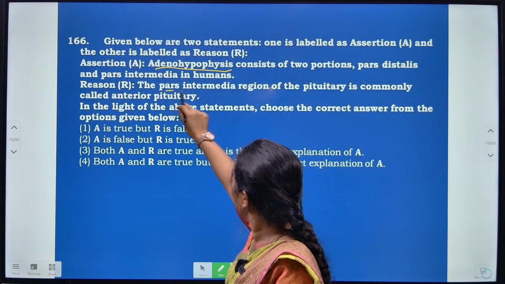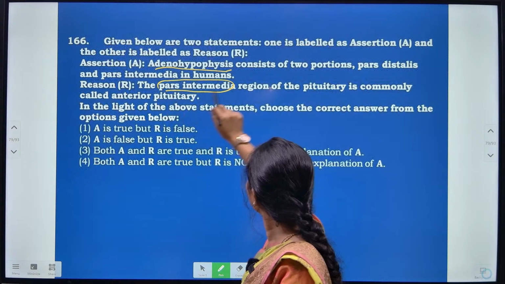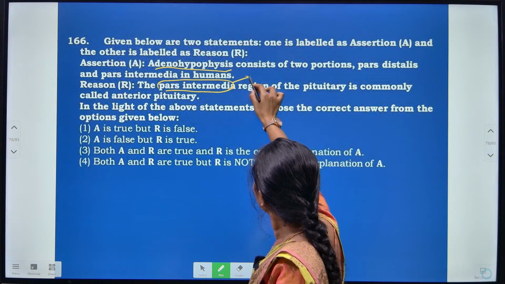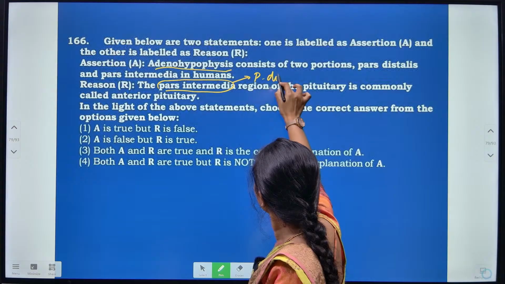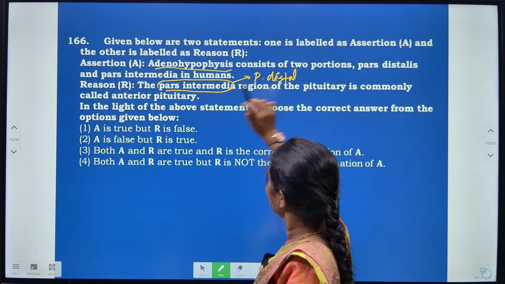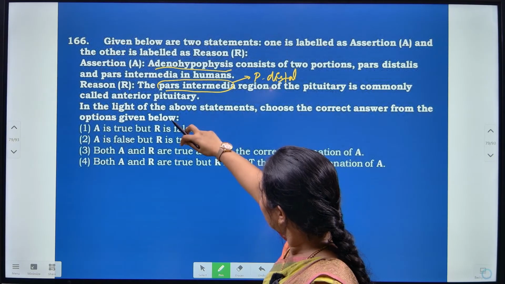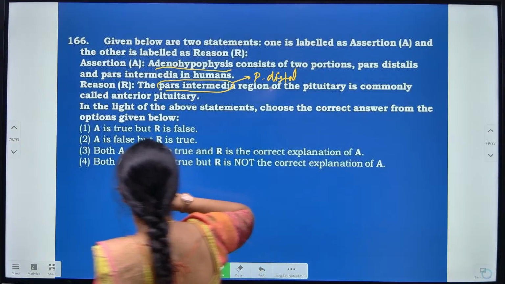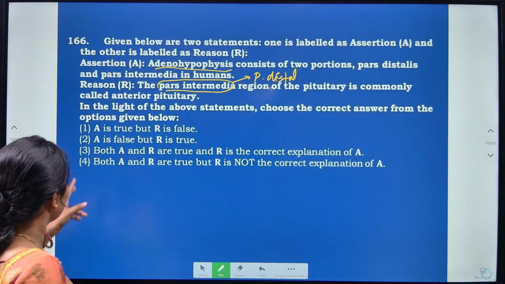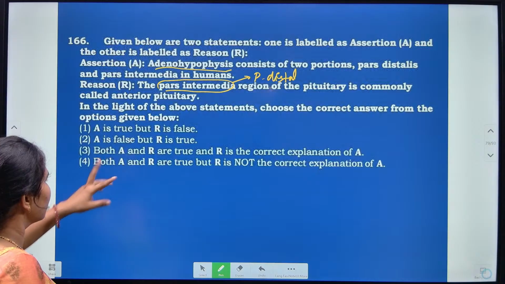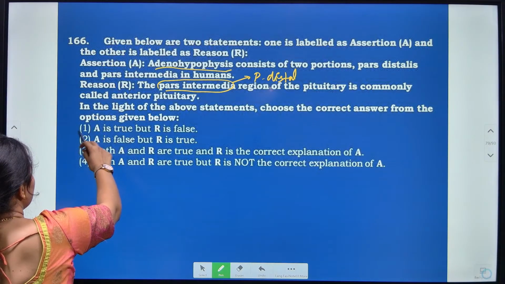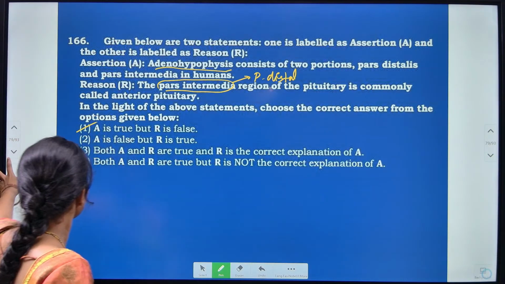It is not pars intermedia, but pars distalis. So statement 1 is correct, but statement 2, the reason, is not. Statement 1 is true, but R is false. So the option will be 1.